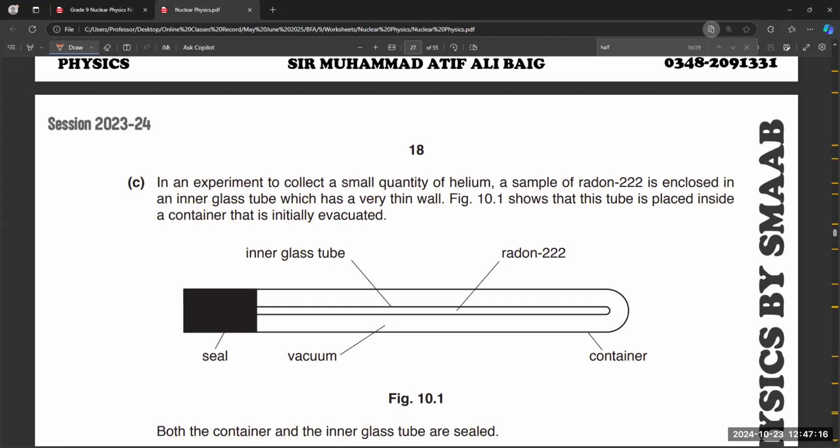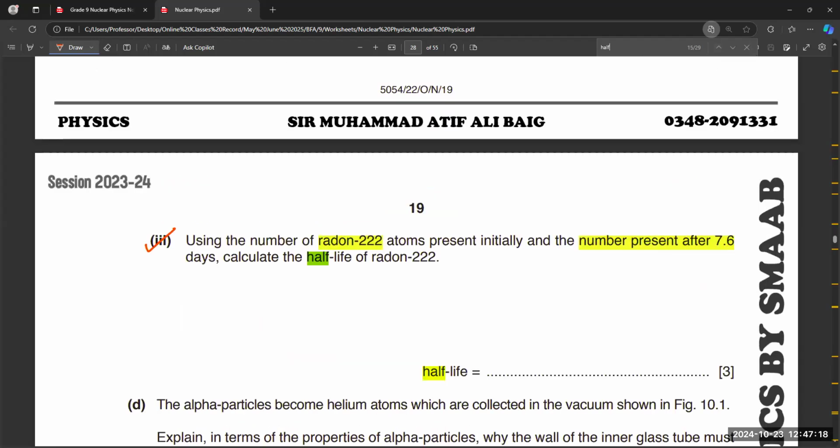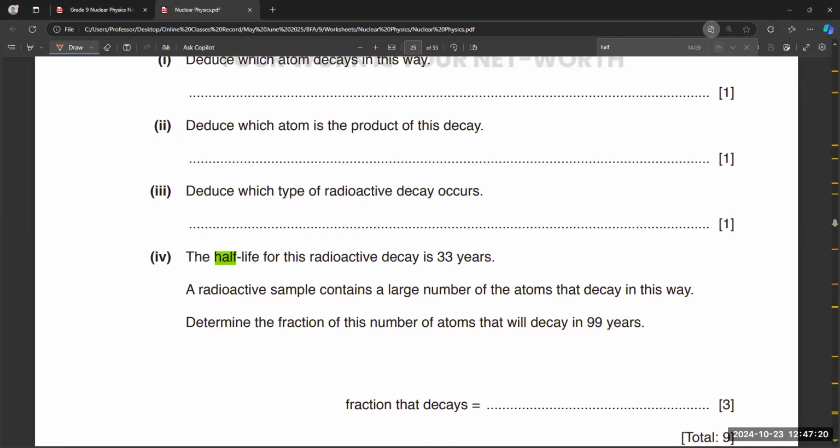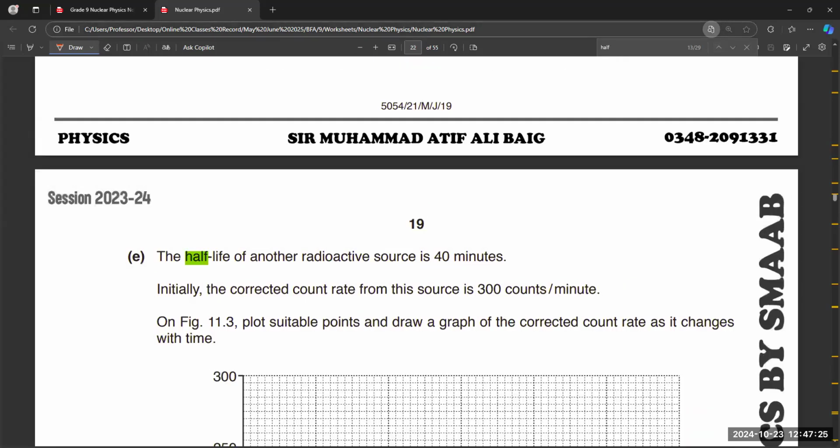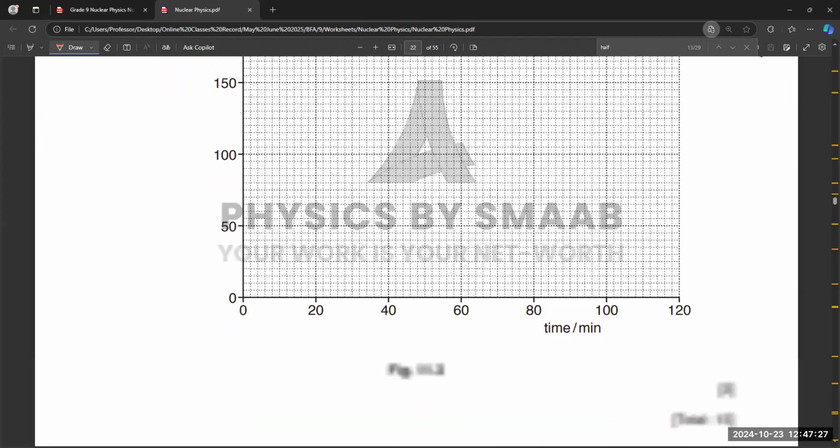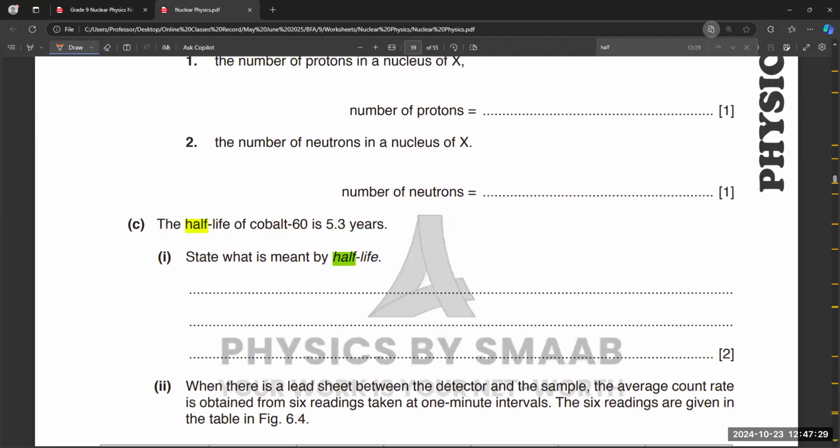Okay, this is a lengthy question. We need to solve the complete question to get the value. Okay, this is a graphical representation.